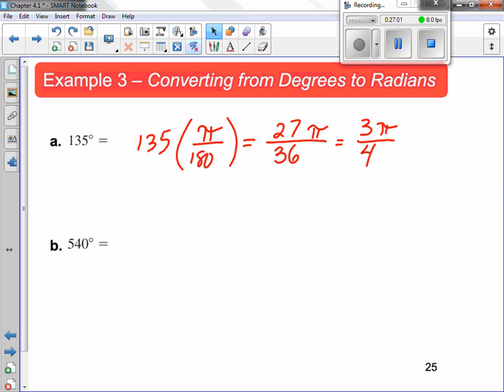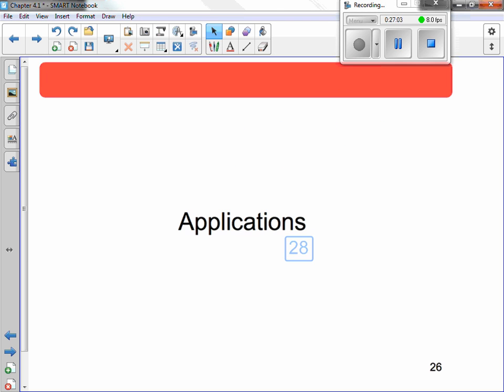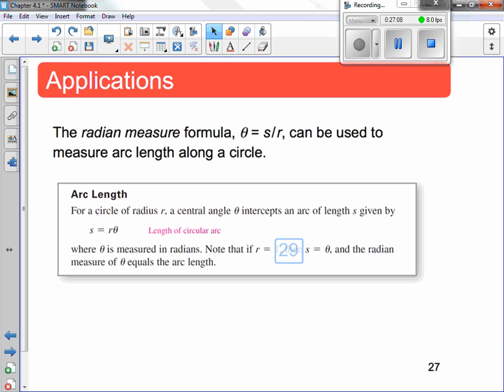And we can do the same thing with 540. And that's it. Questions on that there? We good with that there?